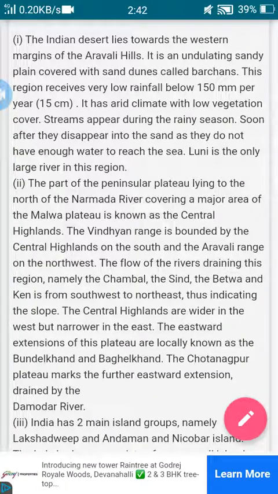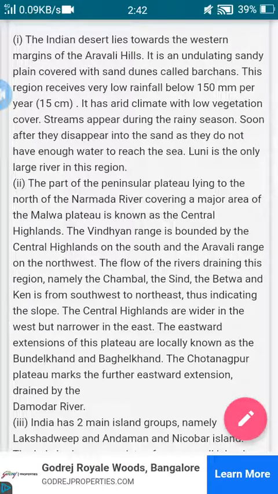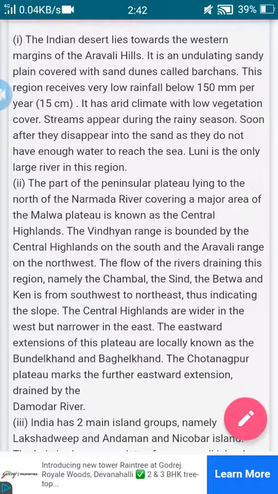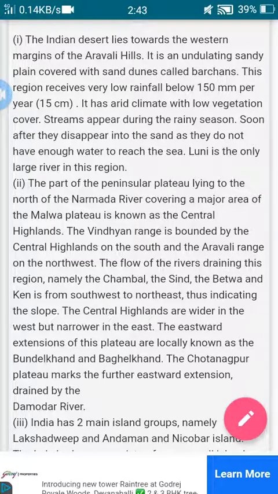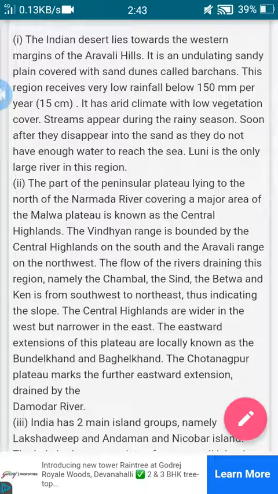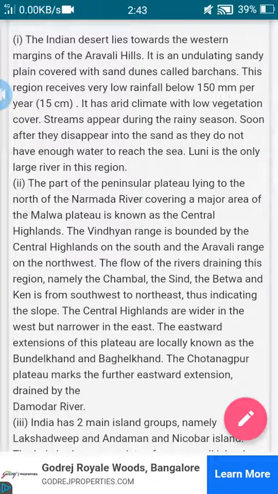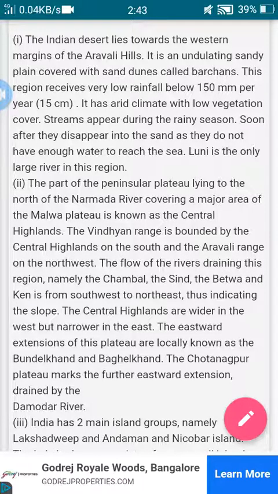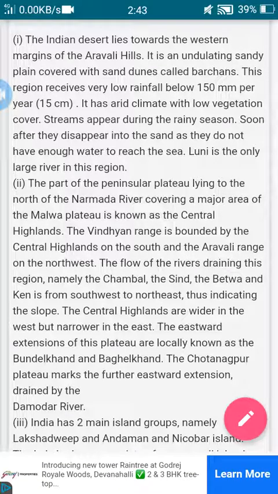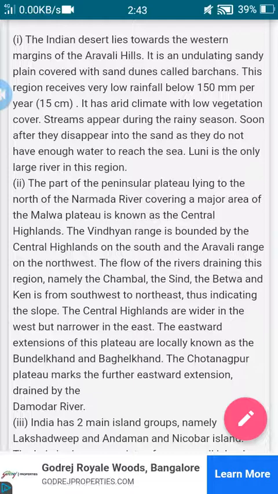Second point, the part of the peninsular plateau lying to the north of the Narmada river, covering a major area of the Malwa plateau, is known as the Central Highlands. The Vindhya range bounds the Central Highlands on the south and the Aravalli range on the northwest.